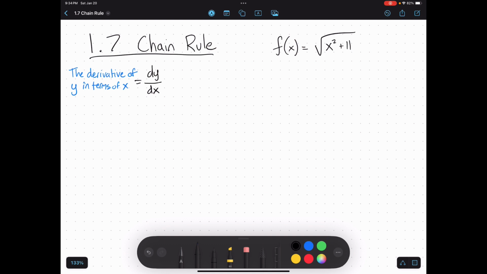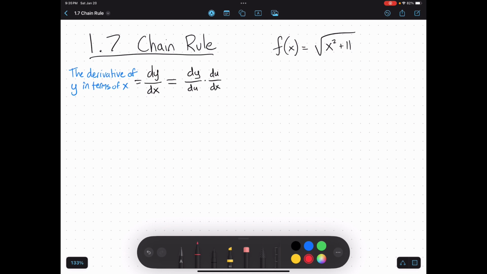Well, it turns out that I can rewrite this in a fairly straightforward way by just introducing a new variable. What we're going to introduce is this middle variable u, and I can rewrite it like this: dy over du times du over dx. And these two things are equal.